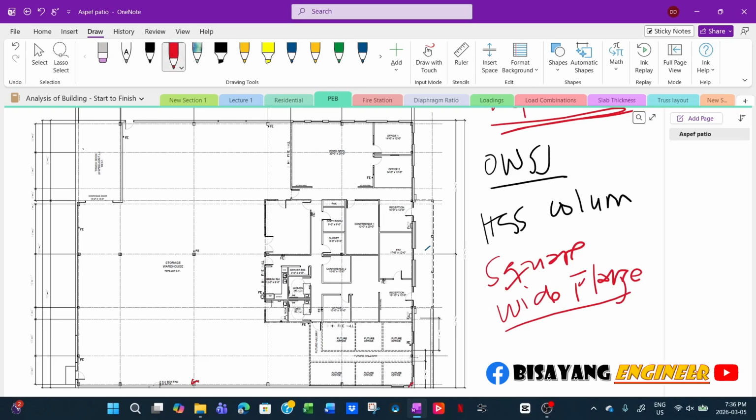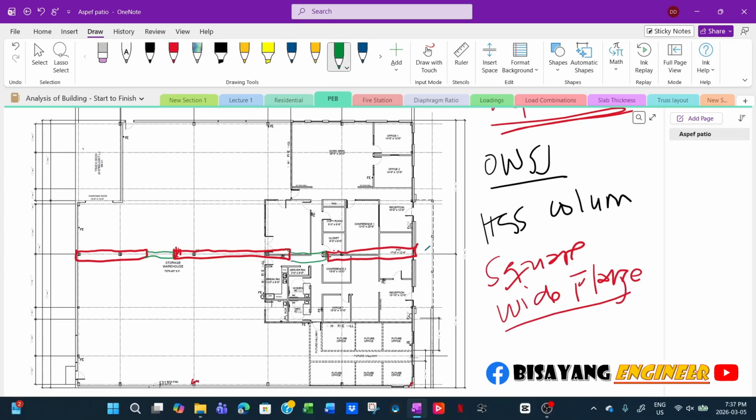So for a Gerber system, this is what I've seen so far in all commercial buildings here. They will extend the beam this much, then frame this as well, then extend it, and this one also they will extend. Then they will add another section here, which is a really small section.